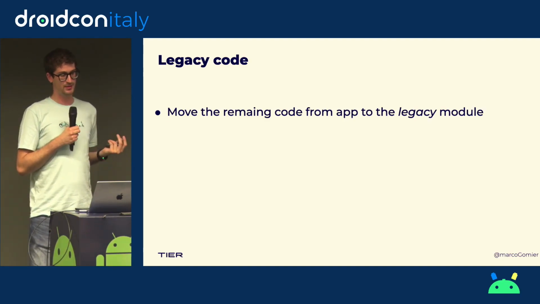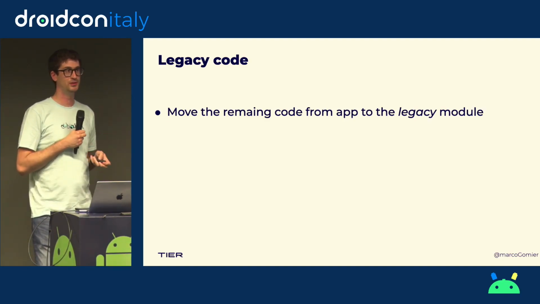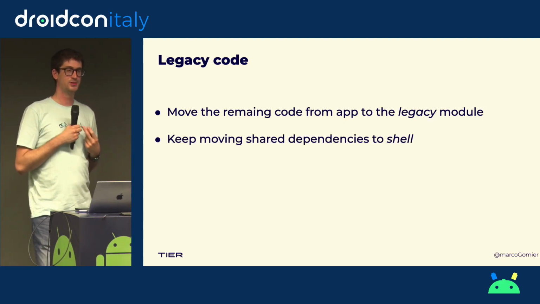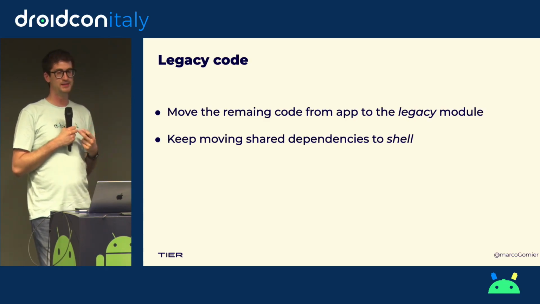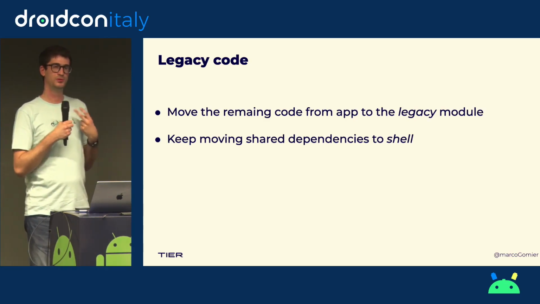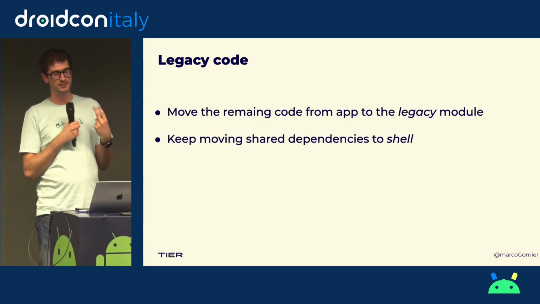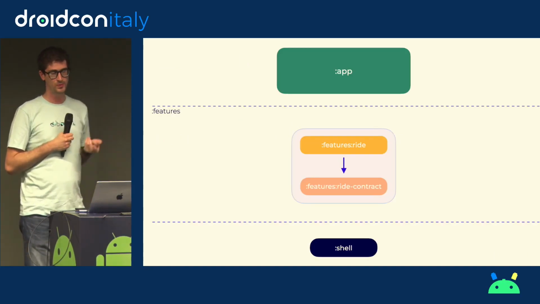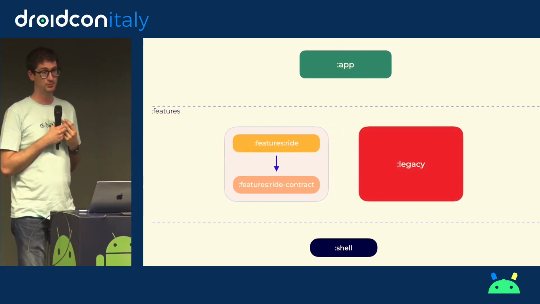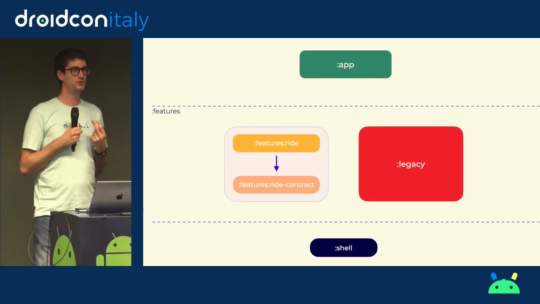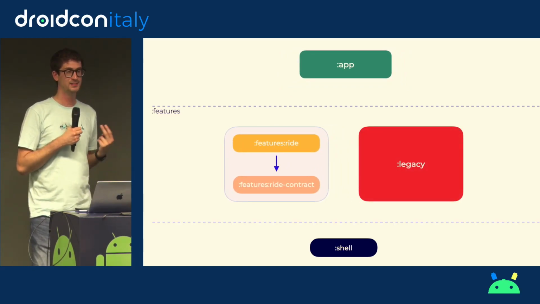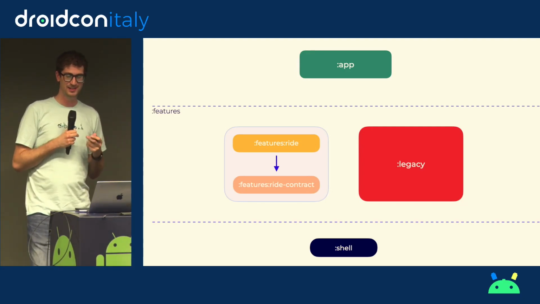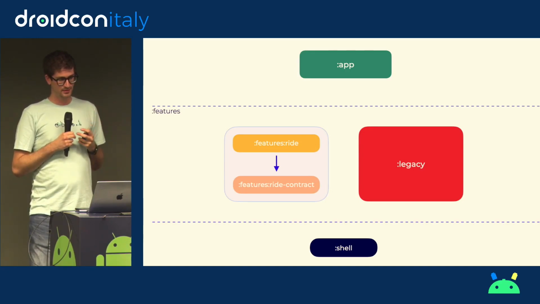So we moved the remaining code into this new module. And of course, in that process, we kept moving some dependencies to the shell because, yeah, there were some other dependencies shared altogether. So from this structure, we slimmed down the application module and ended up with a new feature module that is the legacy one, with, of course, the big red shining thing. All right.